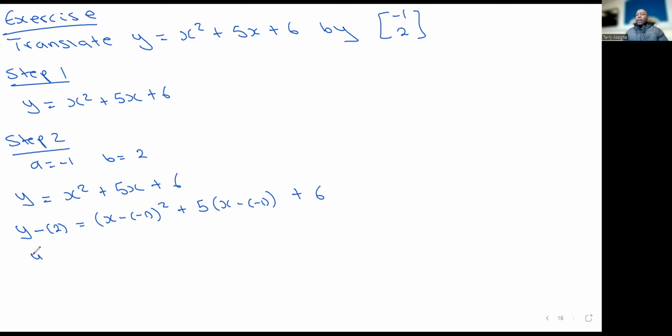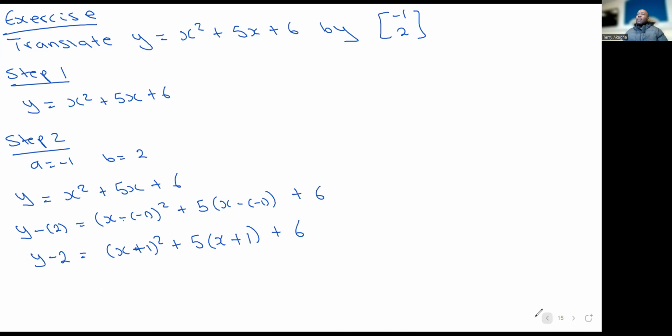So it's going to be y minus 2 is equal to, minus times minus is going to give us what? +1 squared. Are you seeing it? Plus 5 into bracket x, minus times minus will give you +1. And we have +6. Okay? And this is the translation. We've broken it down.